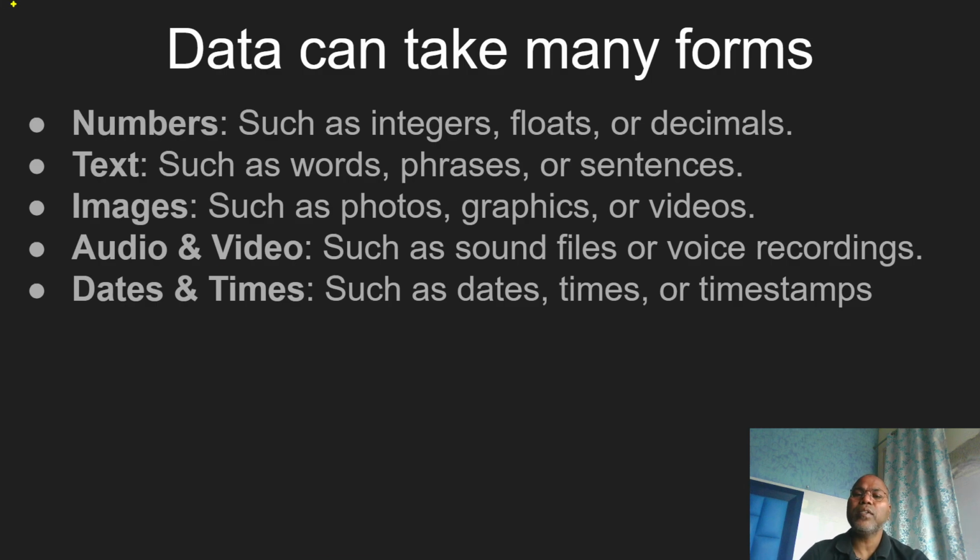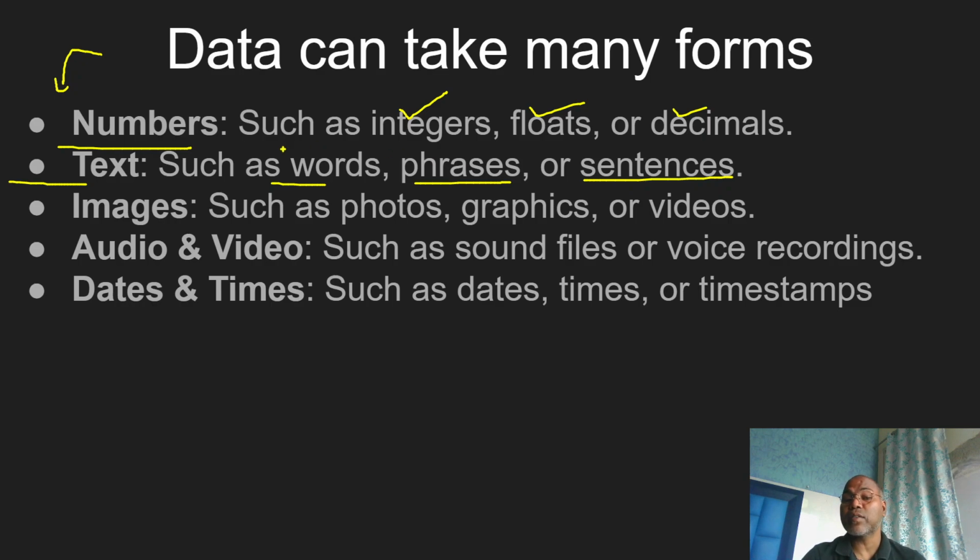If you talk about the basic form of data, since college we have learned mathematics and lots of number systems, might be an integer number, float number, decimal number. Might be we learn the English language, maybe one word, one sentence, one phrase.